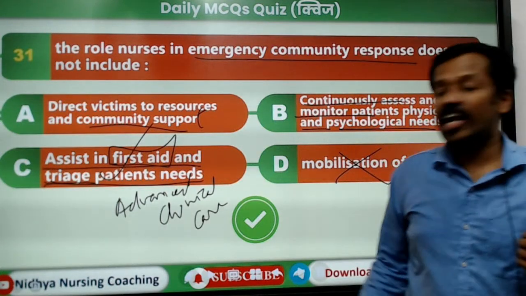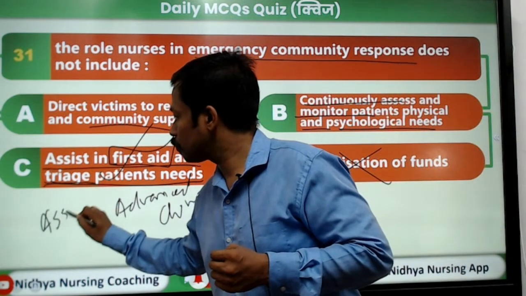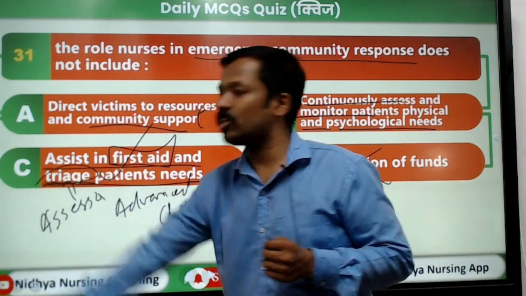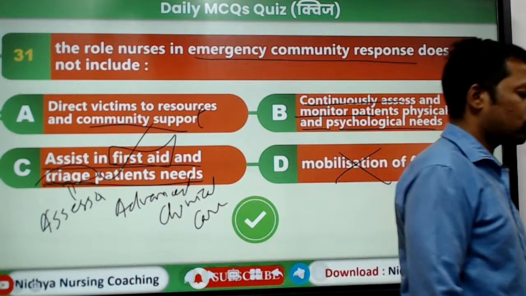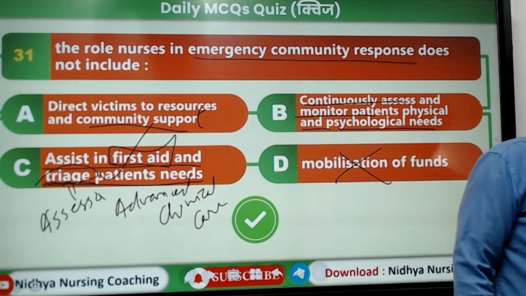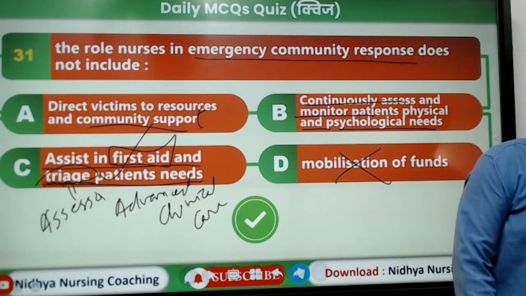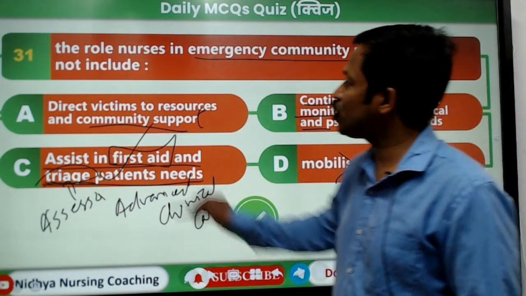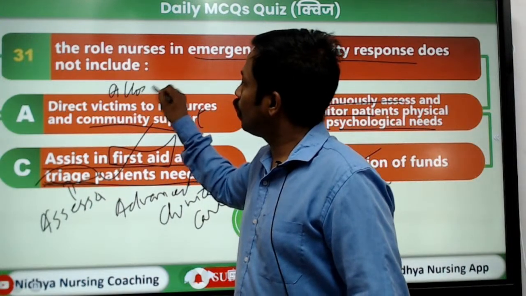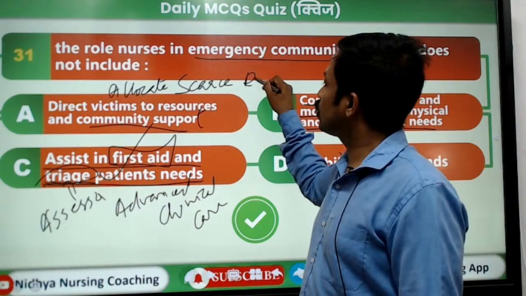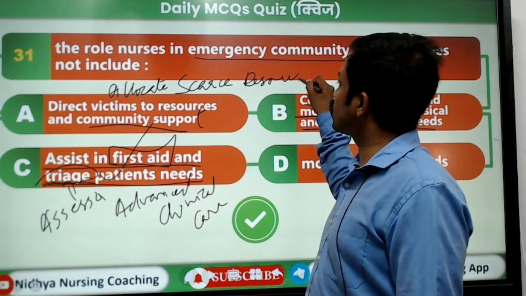Assess and triage. It is here. Allocate scarce resources.